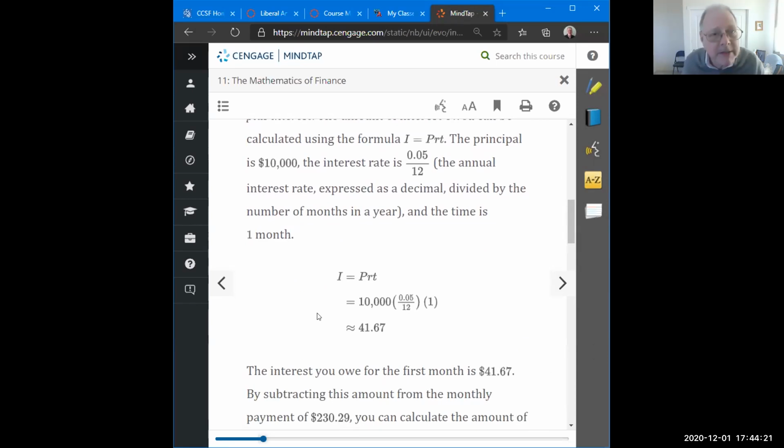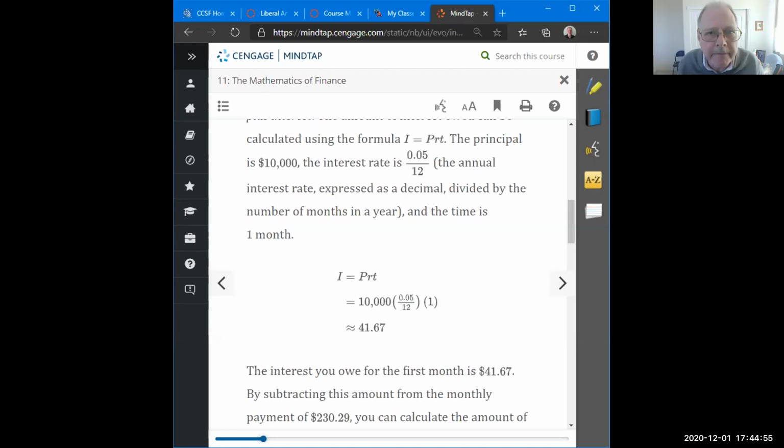And there's two ways to think about this, and getting the two ideas mixed together has caused a little bit of confusion sometimes. So in your first month, at the end of the first month, the interest that you pay is the original 10,000 times, the way they're doing it here in the book is they're taking the monthly rate times the number of months.